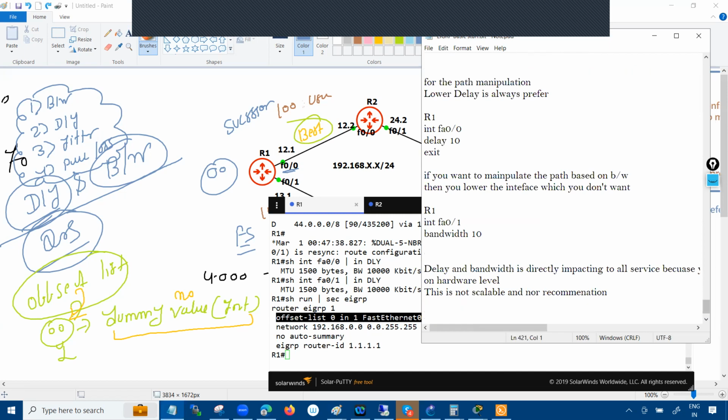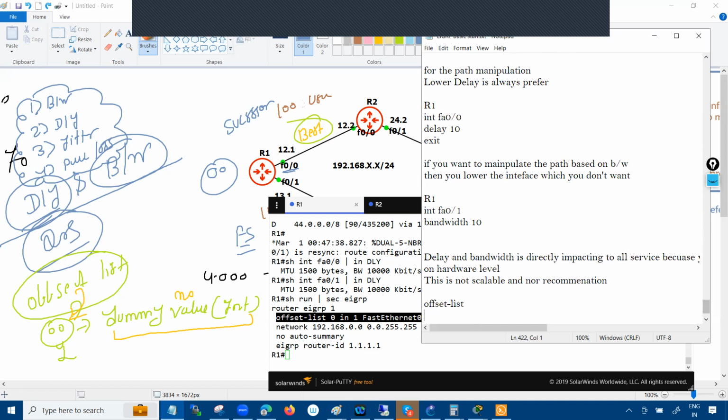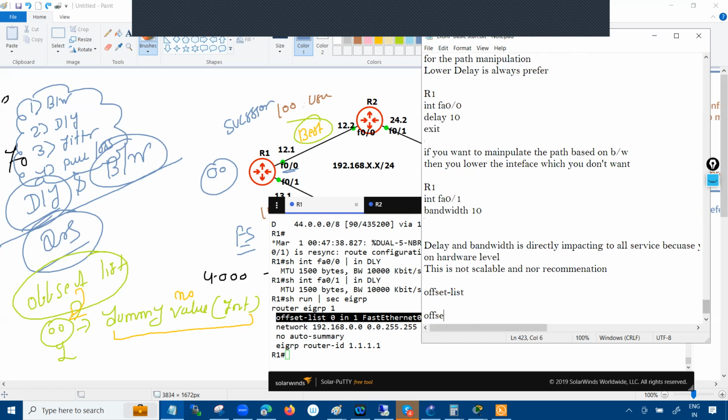So what you can do is go with the offset list. A new guy comes into the picture, that's called the offset list. Offset list is only for distance vector routing protocols. This only works with distance vector routing protocols.